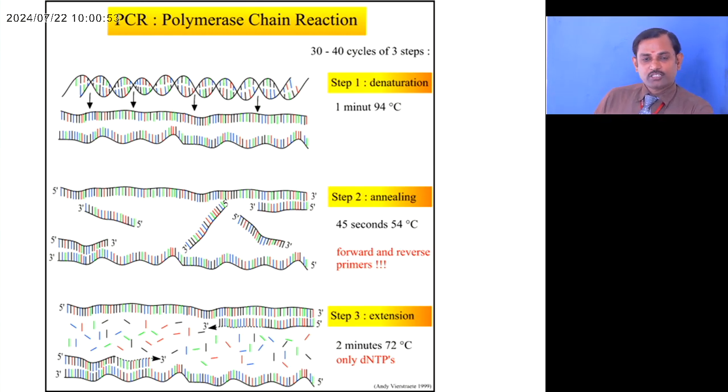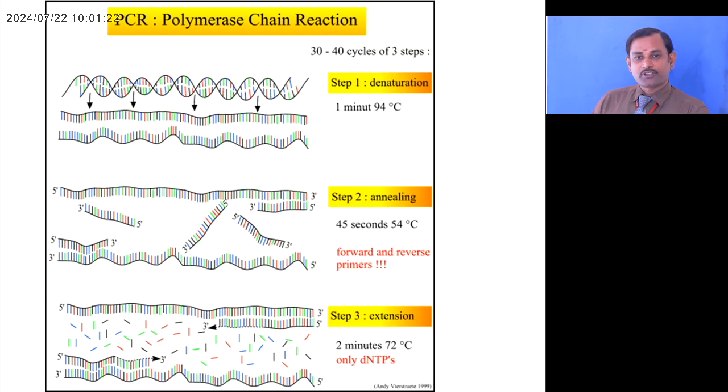The next step is annealing. Annealing is usually carried out around 54 degrees centigrade. It can be extended up to 60 degrees centigrade. In annealing, the primer, whatever type of primer we have added, will attach to the 5' end of the template DNA. And the last step is extension.